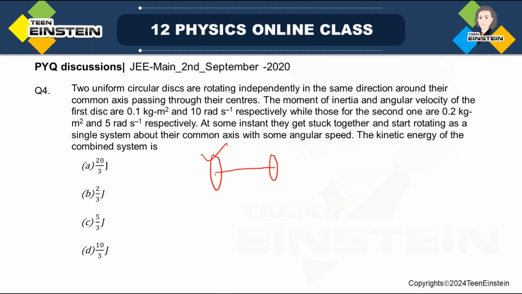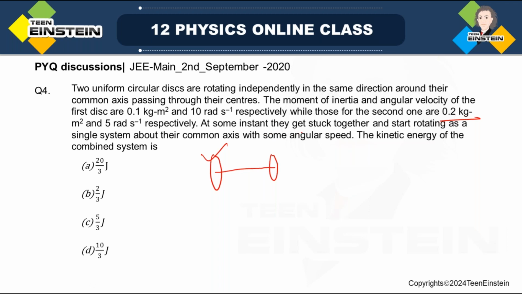For the second one, they are 0.2 kg meter square and 5 radian per second respectively.